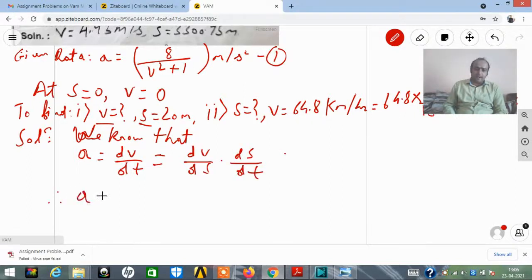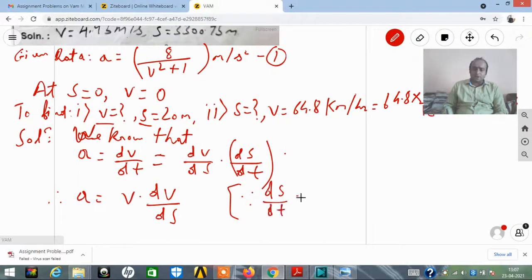Friends, I can write it like this: A is equal to v into dv by ds, since ds by dt, that is velocity, is the rate of change of displacement with respect to time. So this is equation number 2.